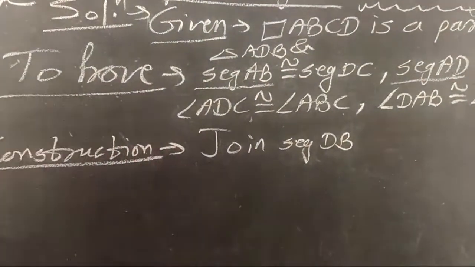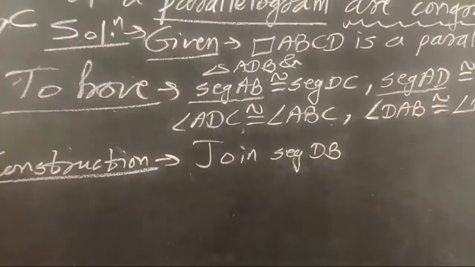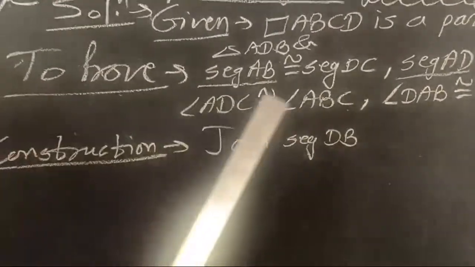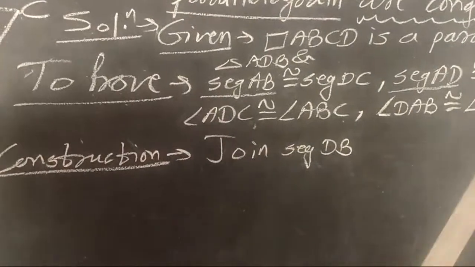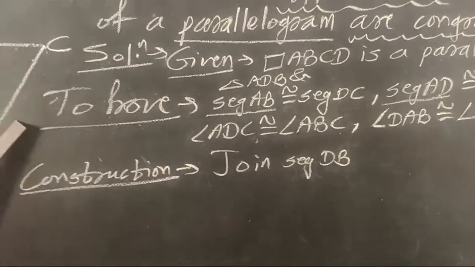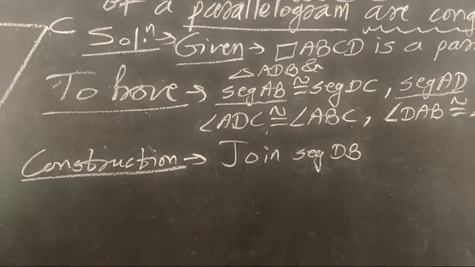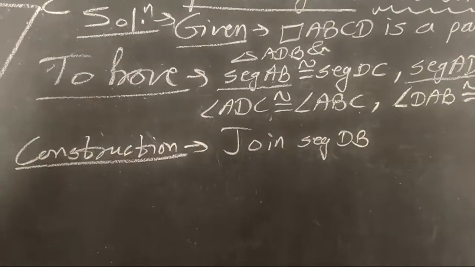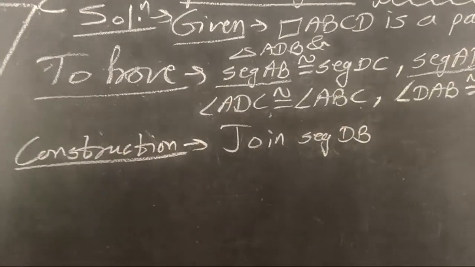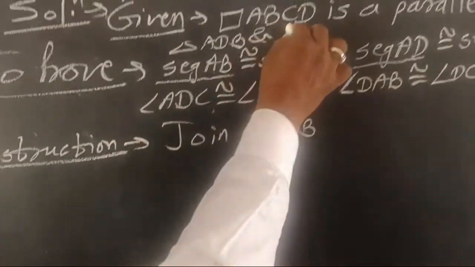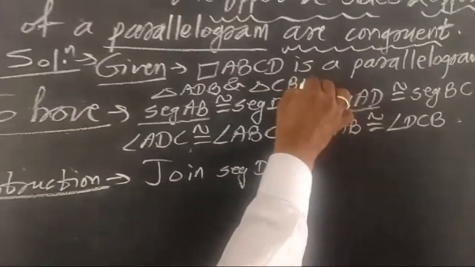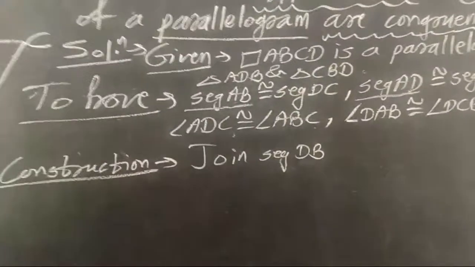And the name of the second triangle whose sides are DC and BC. ADB, CBD. That is correct. One-one correspondence. Triangle CBD is in one-one correspondence, correct.